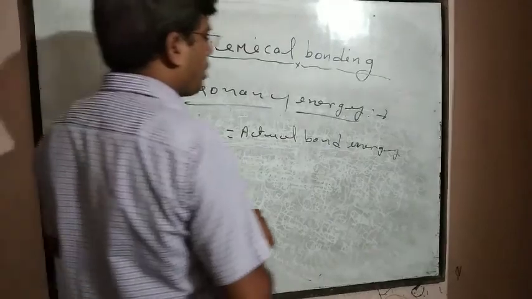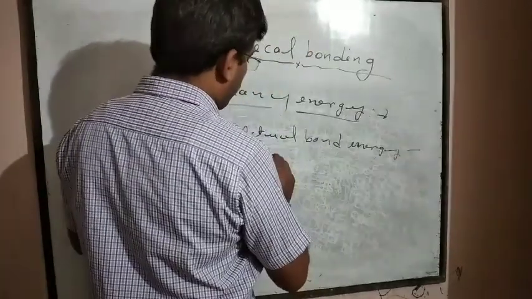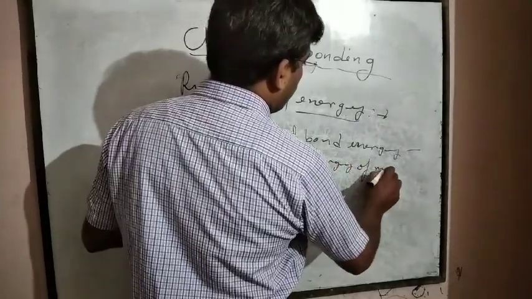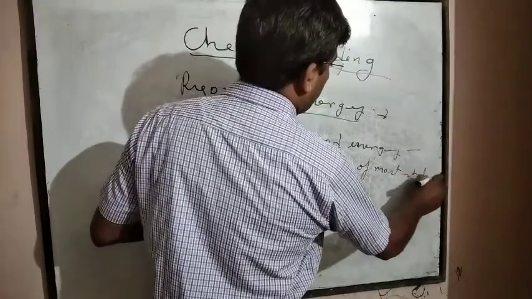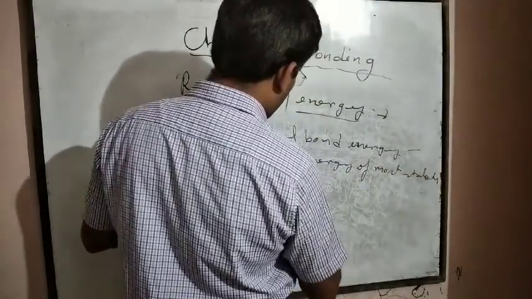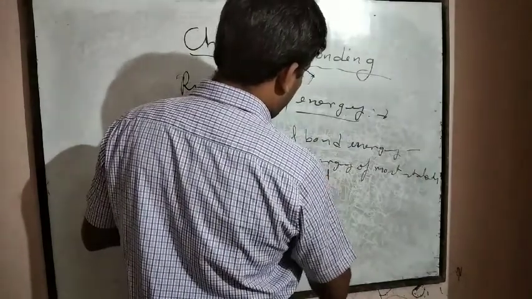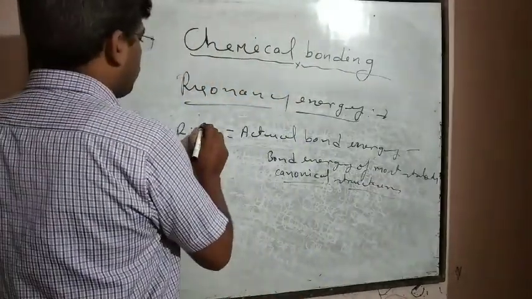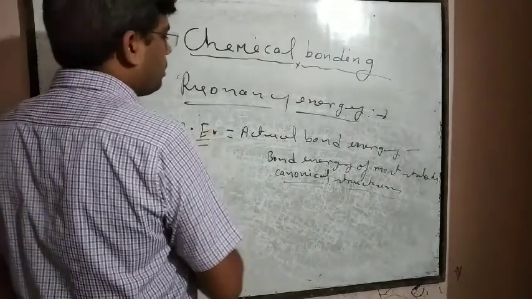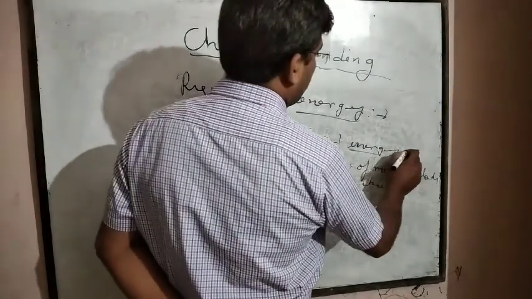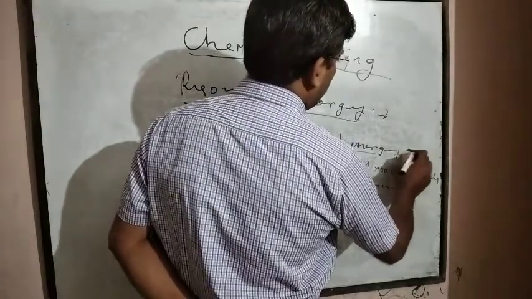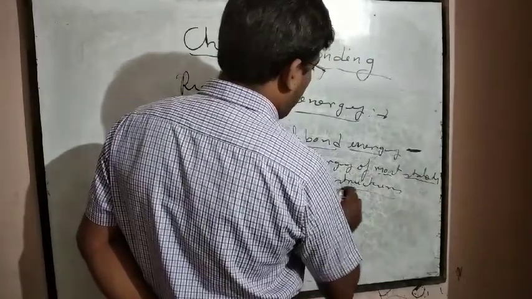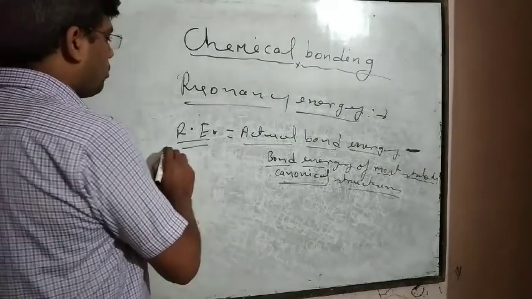Resonance energy is equal to actual bond energy minus bond energy of the most stable canonical structure. This one is the resonance energy.